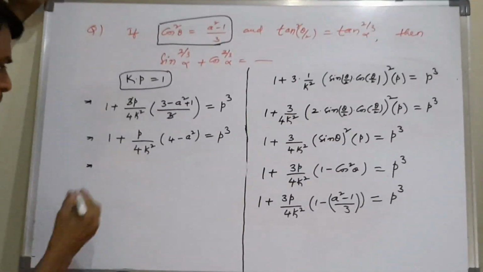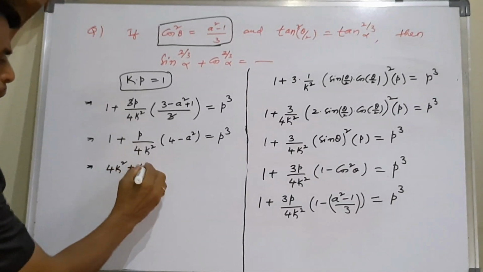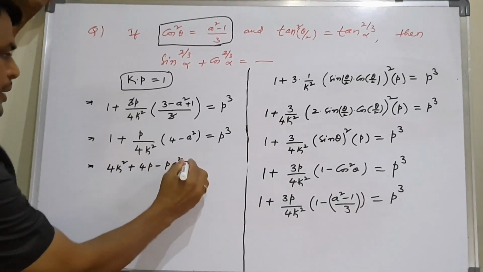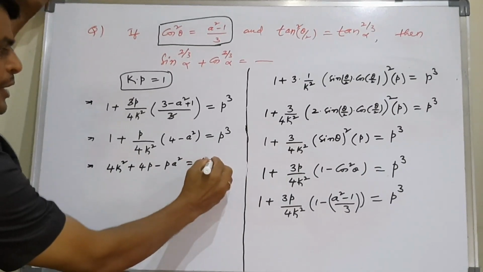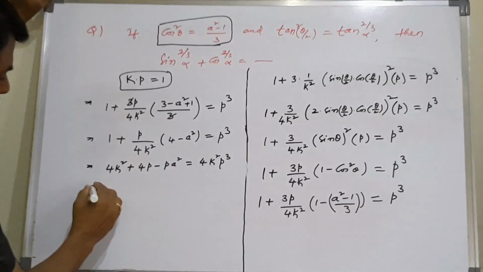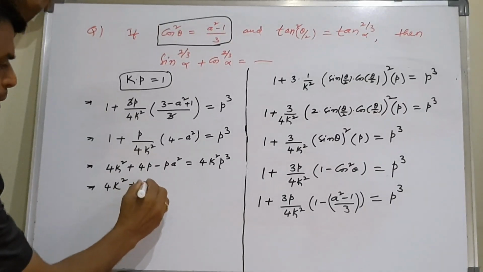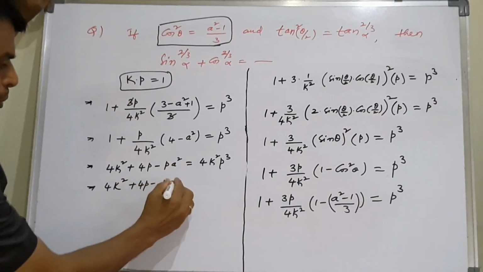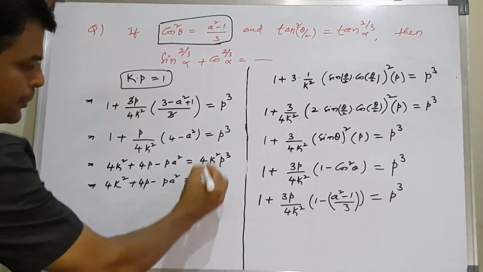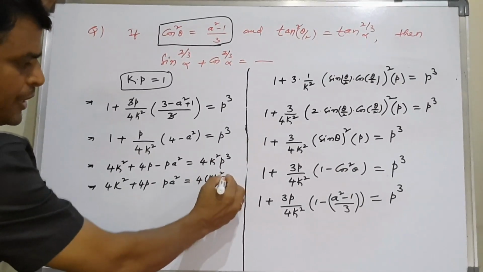Right. Now on simplifying this, we will get 4k square plus 4p minus p a square is equal to 4k square into p cube. Now I can say 4k square plus 4p minus p into a square is equal to 4 into k square p square into p.